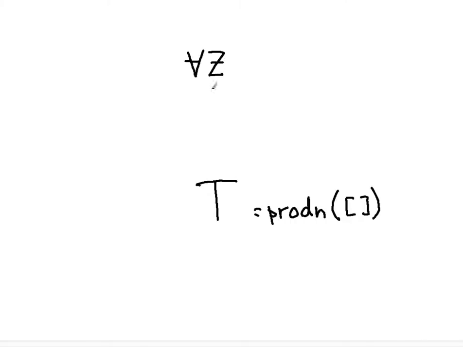Well, we can say, if we call T, the T equals this contract, then it is true that for every object, Z, there exists a unique map from Z to T.